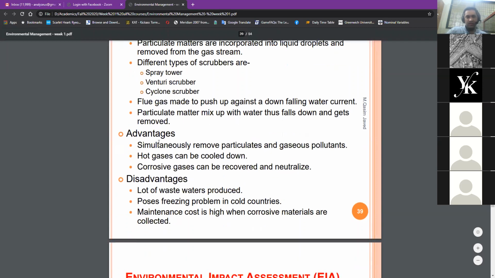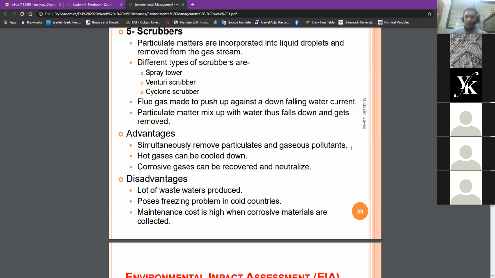The advantages here are that it simultaneously removes particles and gaseous pollution. All these pollutants are basically stuck in the water or the liquid and settle down while the cleaner gas is released. Hot gases can be cooled down, because if a hotter gas is released through water, it will automatically cool because of the water. It's a natural process of cooling. Corrosive gases can be recovered and neutralized.